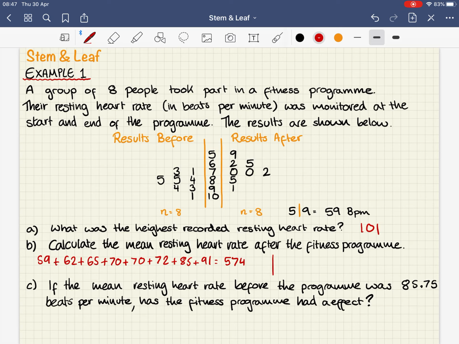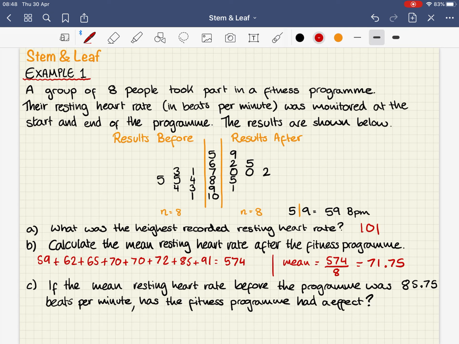And once I've got my total, the mean, I just take my total number and I divide it by how many things there are. And I'm going to start writing a lot of my divisions like this. I want you to get in the habit of whenever you see a fraction, it's just another way to say division. So that's 574 divided by 8, which is just going to come out as 71.75.